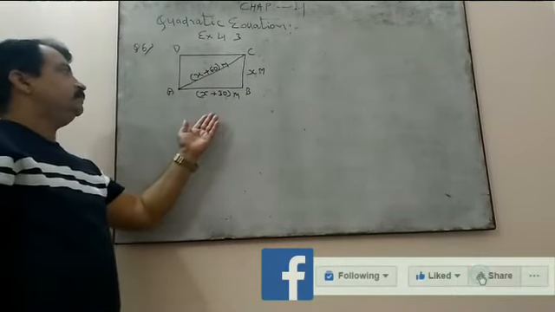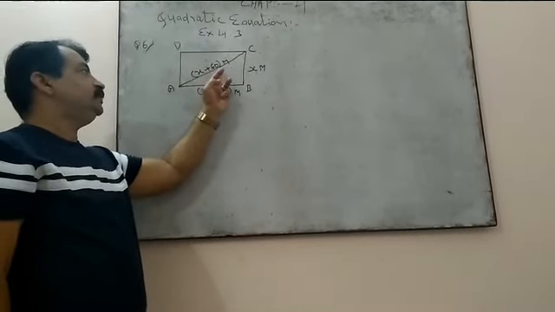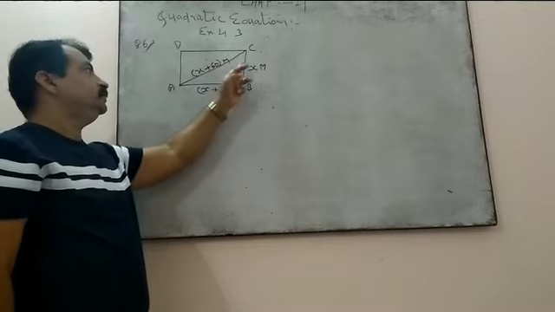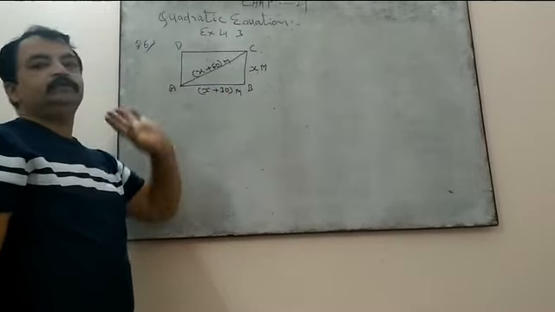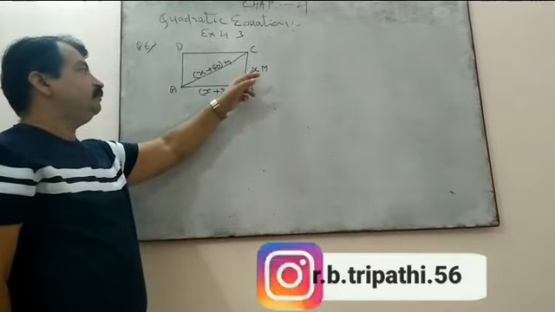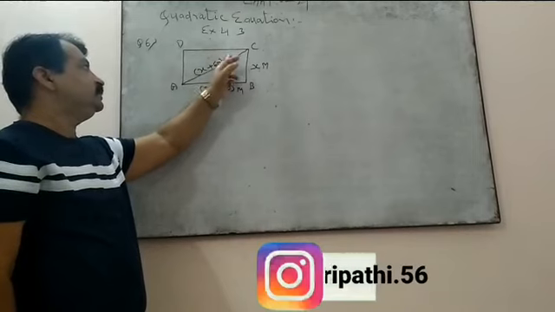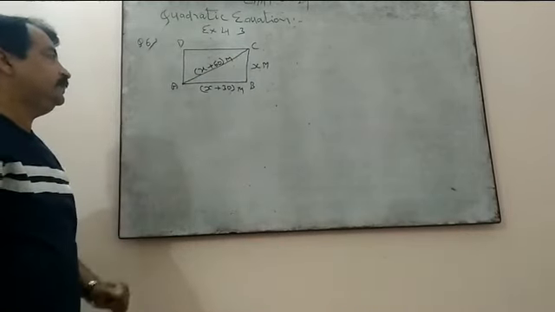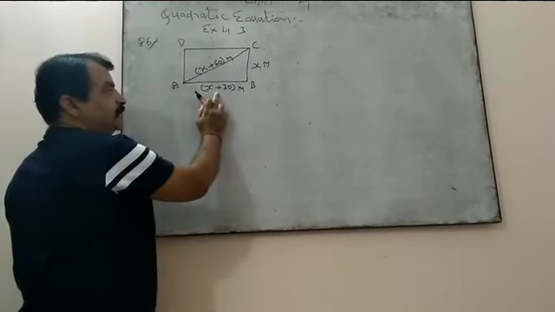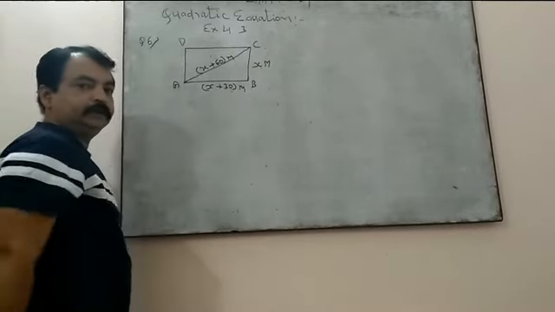The relation is given: the diagonal of a rectangular field is 60 meter more than the shorter side of the rectangular field, right? So I assume let the shorter side of the rectangular field be x, then the diagonal will be x plus 60 meter. Second relation, the longer side is 30 meter more than the shorter side.